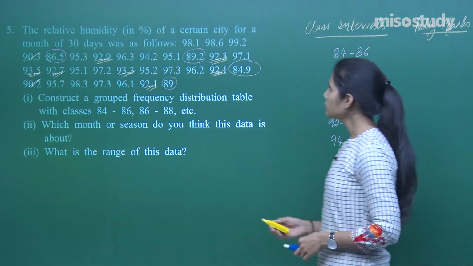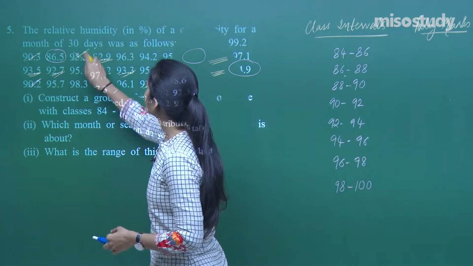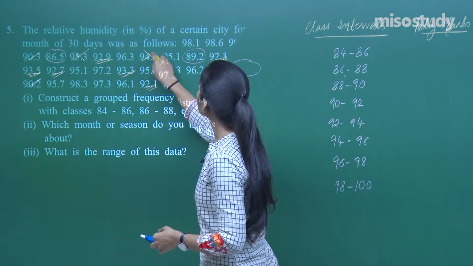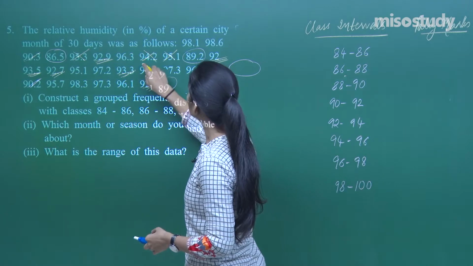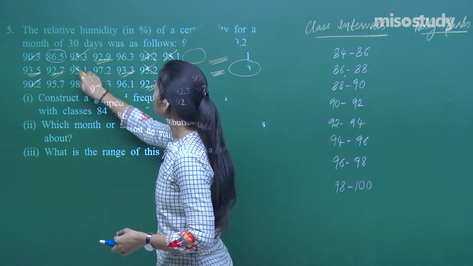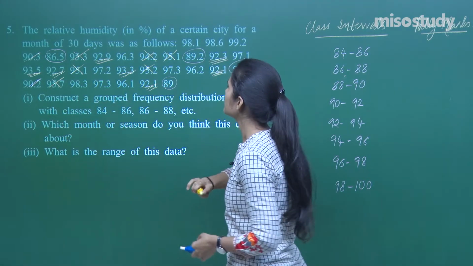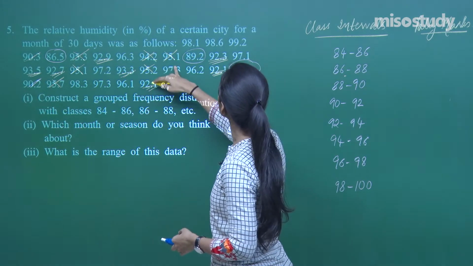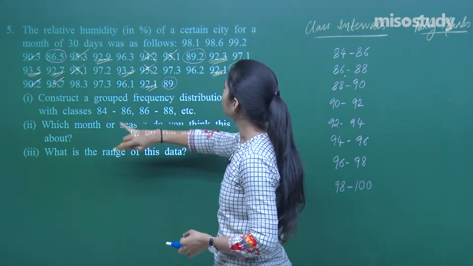Okay, so let's continue. Between 94 to 96 we have to find out. 94 to 96, this is there. Again 94 to 96, that is it. So how many we have? 1, 2, 3, 4, 5 and 6.